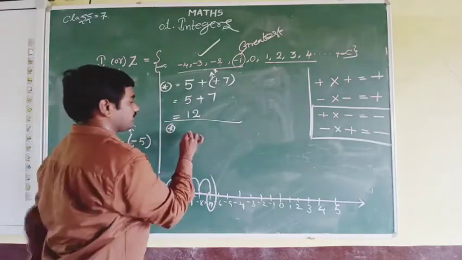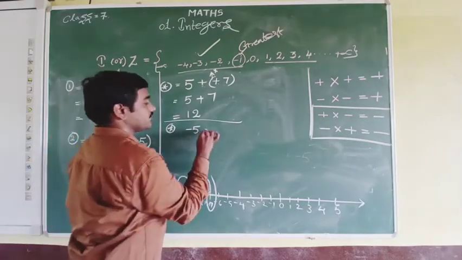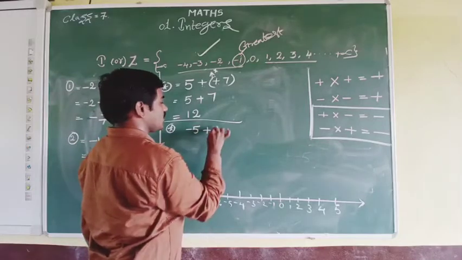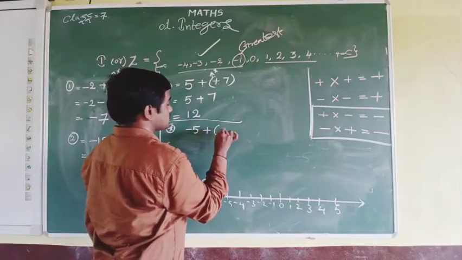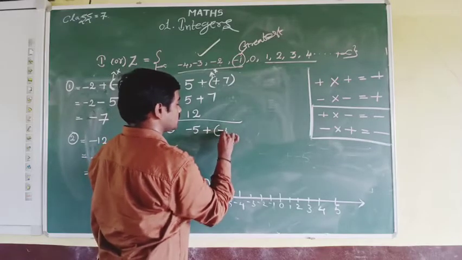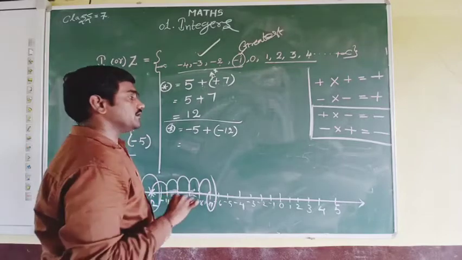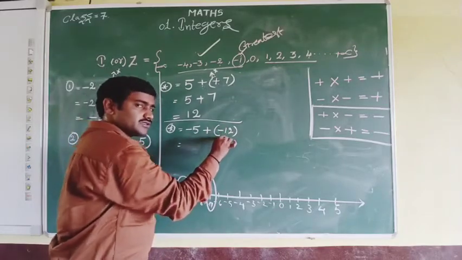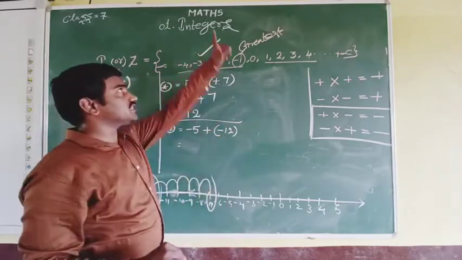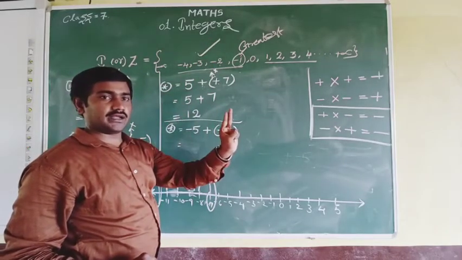Next, let's go for one more, like minus 5 plus of minus 12. Very simple questions I am taking here, because these kinds of problems you are going to face in integers, exercise number 2 and 3.